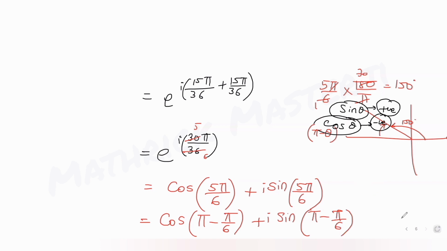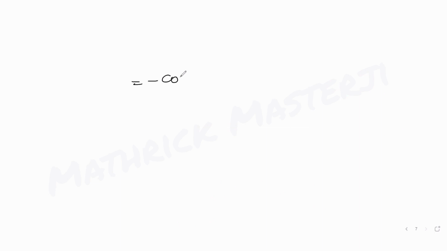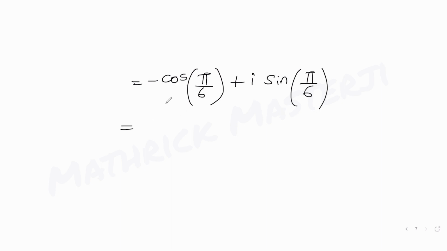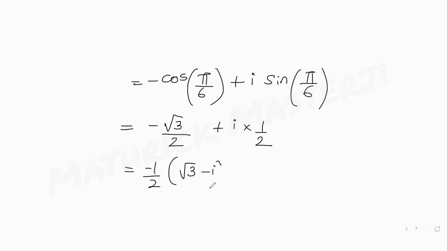So what you get here is minus cos of pi by 6 plus i sine of pi by 6. So sine I'm keeping positive, cos I'm taking negative. Cos pi by 6, that is 30 degrees, cos 30 is root 3 by 2, and i sine 30 degrees is half. So you get minus half common, and with that you are left with root 3 minus i.